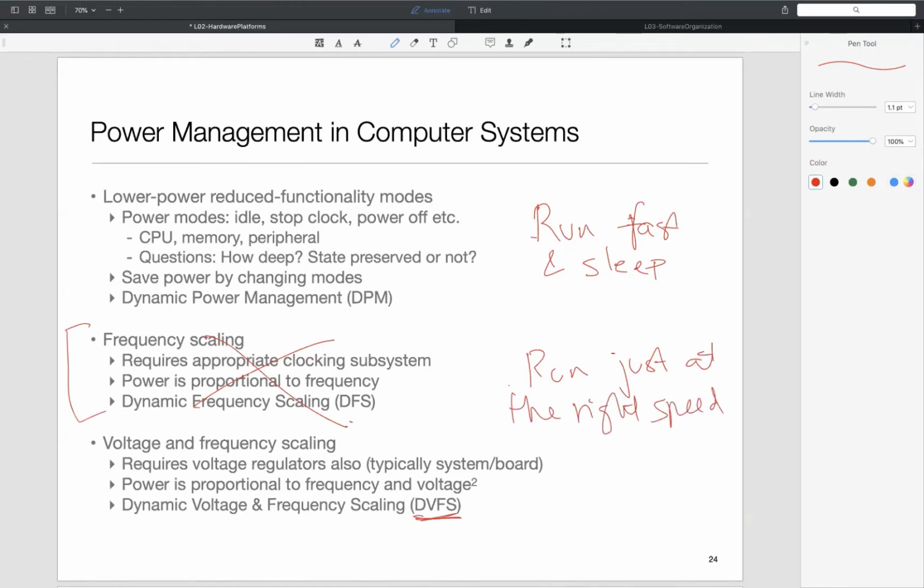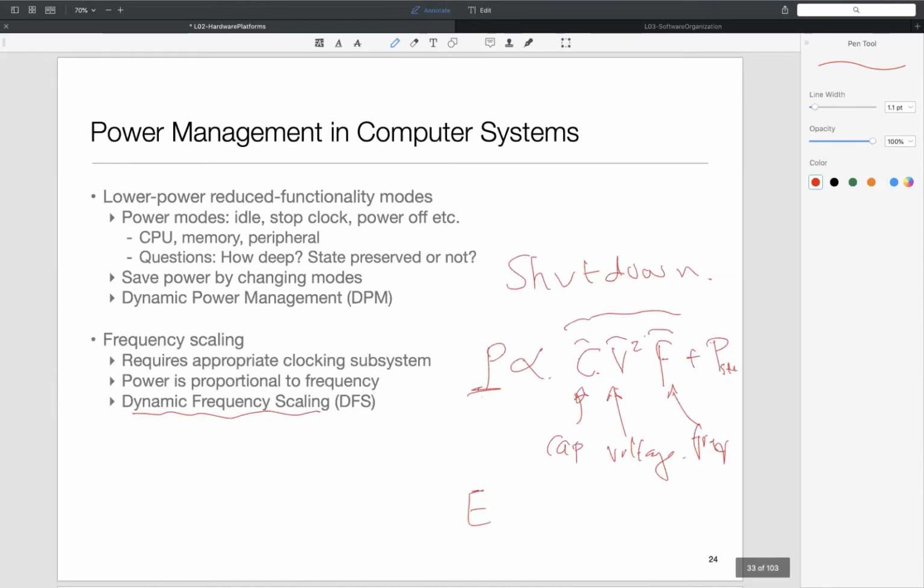Now, which one works better depends upon the characteristics of your system. So if this component, the static power consumption component, which is not being governed by this voltage and all, is large, then I'm not going to benefit from DVFS, right? So this voltage frequency trade-off will not matter.